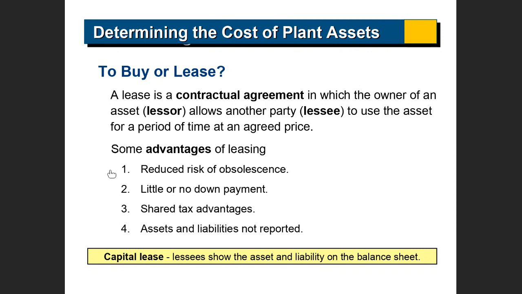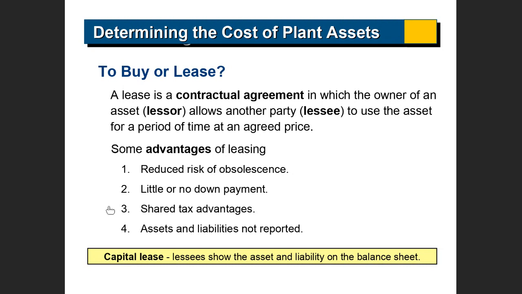You just return it because you're only paying a rent to use that. Little or no down payment, so you don't have to pay a lot of money from your pocket up front. You use it, you pay a small rent, and you can manufacture items and you can make money from that.